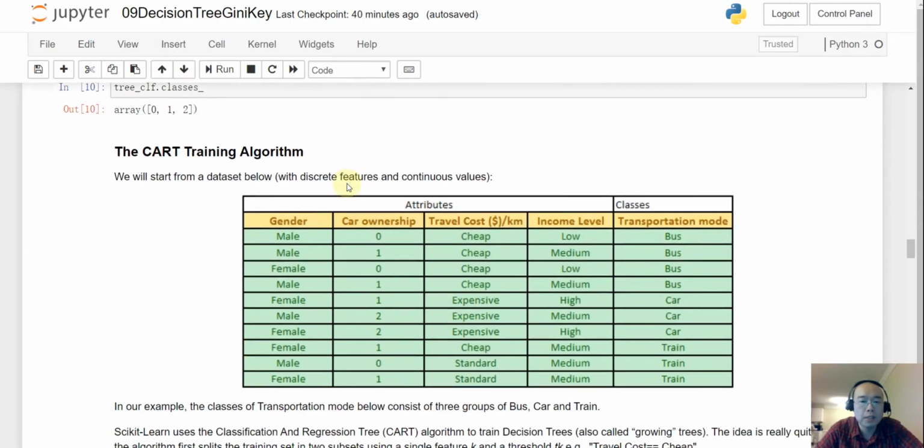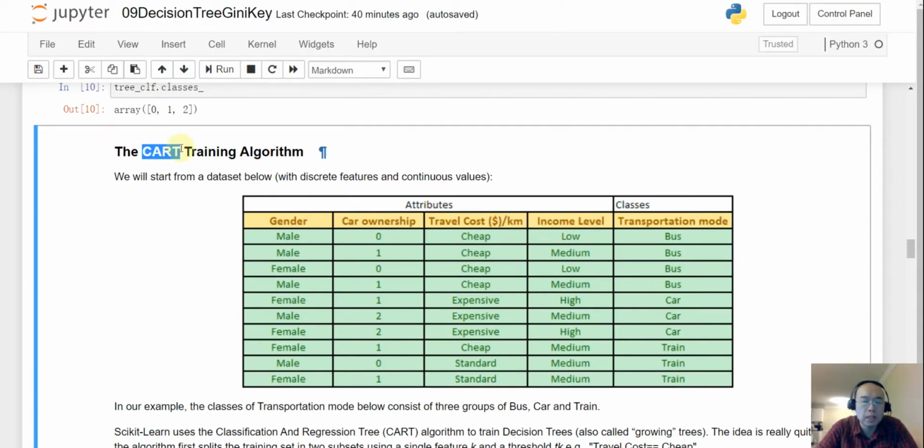Okay, so the next part: we have talked about how we can interpret the decision tree we have already built. The next question is, how are decision trees built in scikit-learn? The algorithm is called CART. The CART training algorithm is the algorithm we use to build a decision tree.